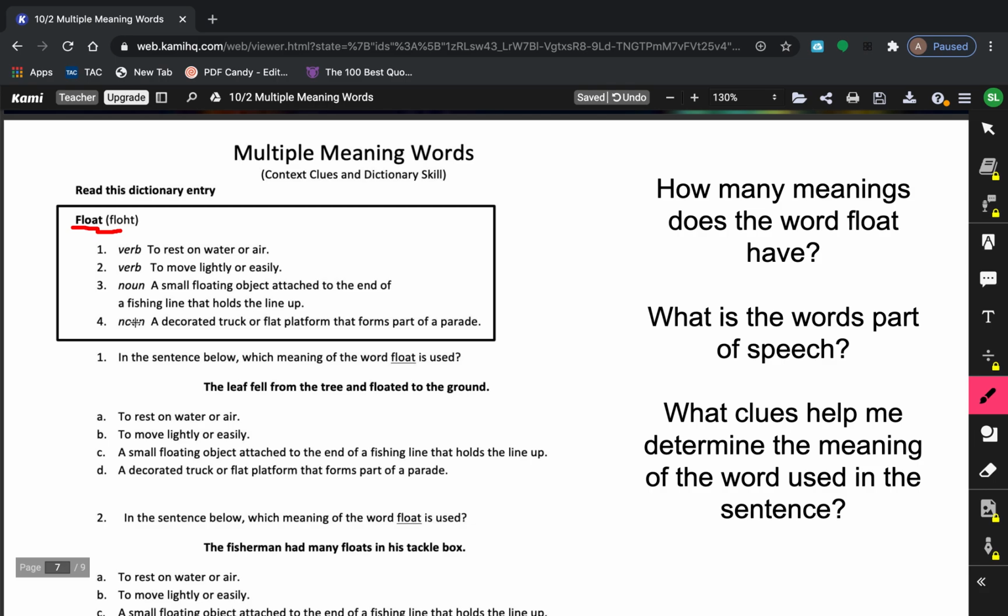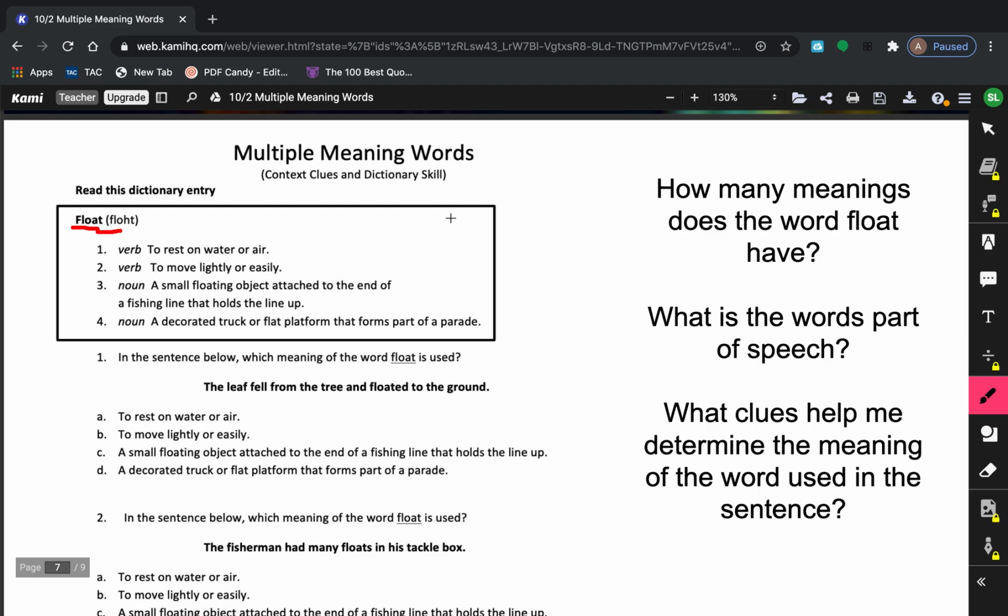There are two definitions for the word used as a verb, and two definitions used as a noun. The first definition says to rest on water or air. The second says to move lightly or easily. The third says a small floating object attached to the end of a fishing line that holds the line up. And the fourth says a decorated truck or flat platform that forms part of a parade.